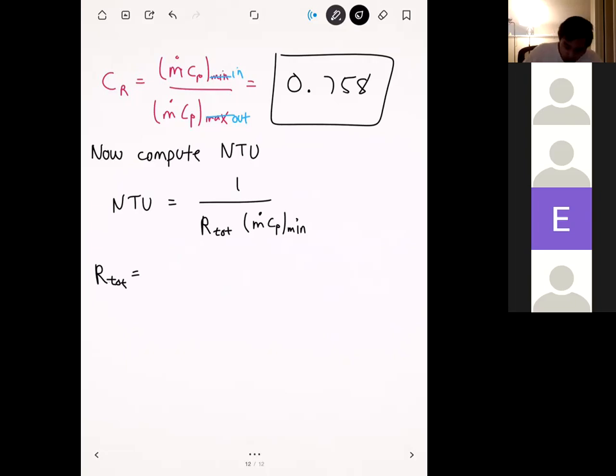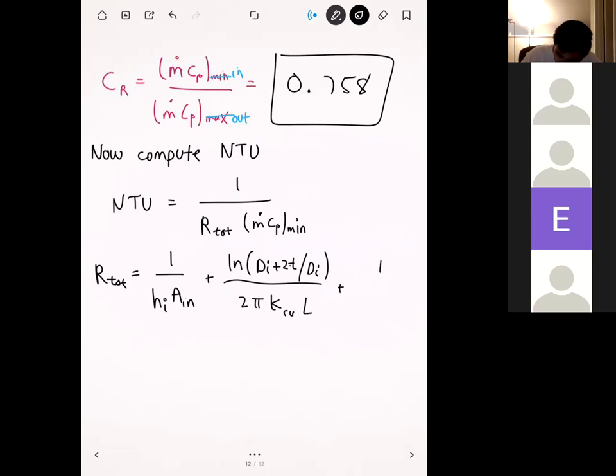Okay. And so our total here is going to be 1 divided by HI times area in, plus ln of (Di plus 2T) divided by Di, divided by 2 pi K of copper times L, plus 1 divided by HO times outer area.